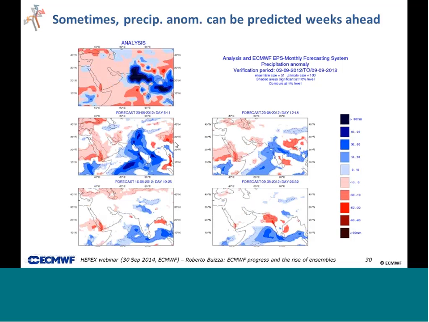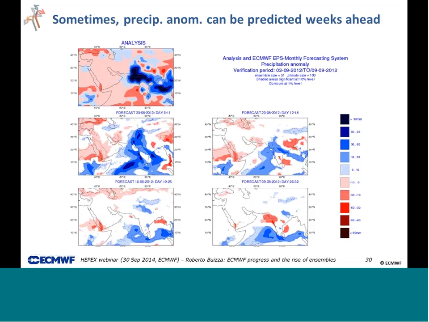2012, similar story. We lose the signal after week 3, but you can see that in week 1 and week 2, up to 18 days before the event, we can clearly see that something anomalous was going to happen.